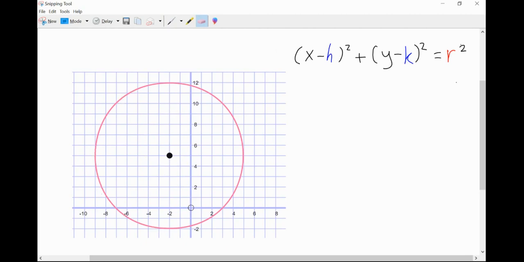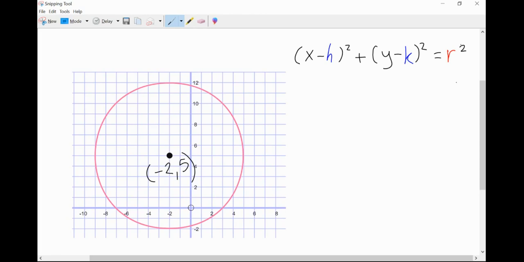How do we write the equation of this circle? Now, remember that our constants are the only parts that we can put in the equation because they never change. What are our constants? Well, our constants are the center, and in this case, the center is -2, 5.